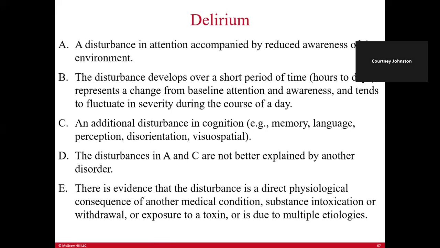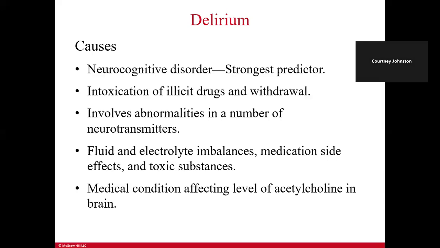Again, there's some other cognitive disturbance like memory, language, perception. And the disturbances in A and C are not explained better by anything else. There's evidence that the disturbance is a direct physiological consequence of something else, like substance intoxication or withdrawal, exposure to a toxin, or multiple etiologies.